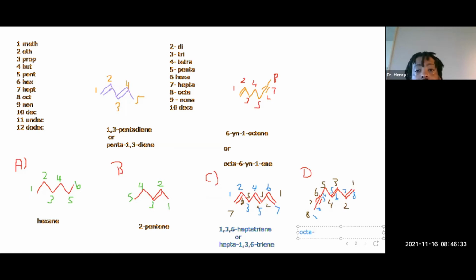Okay, we know that we have a triple bond, and the triple bond isn't priority, so we're going to list that one first. So the triple bond is located, if we're using the brown numbers, on the sixth carbon. So we put 6, and then what would we use in this case? It would be another prefix because it's not ending. What would be the prefix that we use for a triple bond?